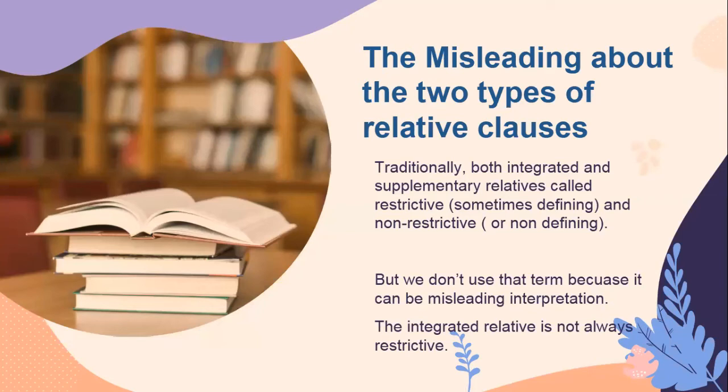Okay, we're going to talk about the misleading terms for the two types of relative clauses. As I mentioned before, there are two types of relative clauses, integrated and supplementary. Traditionally, they are called restrictive or sometimes defining for integrated, and non-restrictive or non-defining for supplementary relatives.